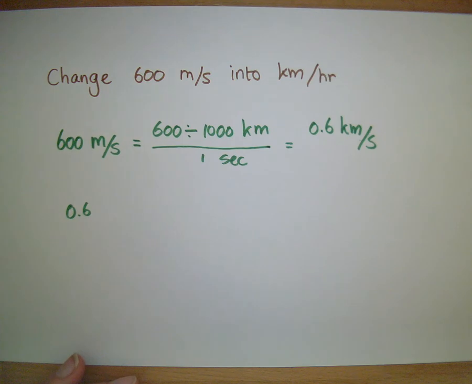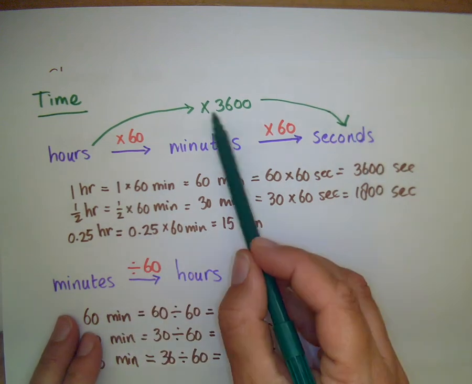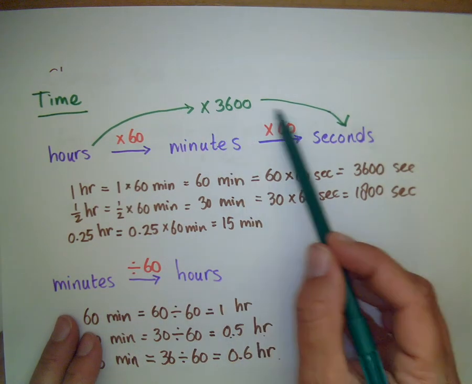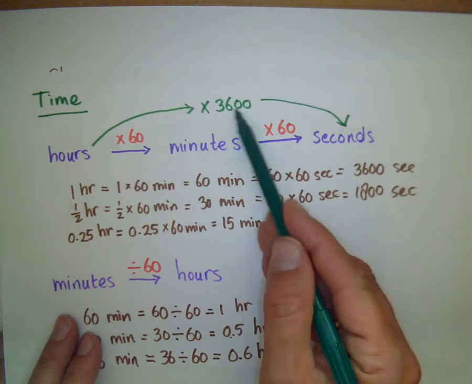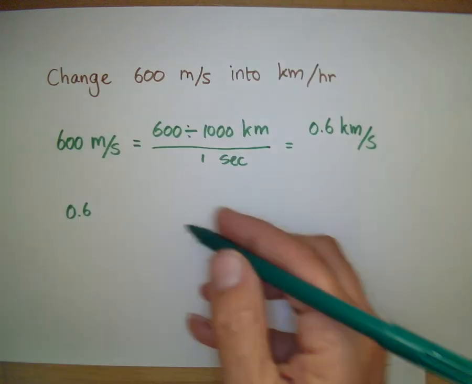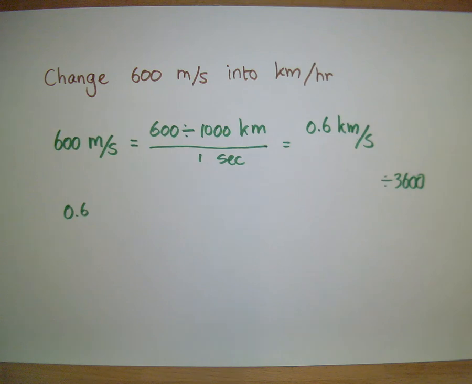Remember how to go from hours to seconds, we multiply by 3,600. So obviously to go from seconds to hours, we divide by 3,600. I'm just writing that down so I don't forget.